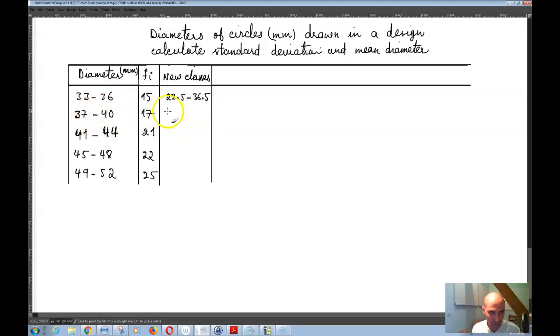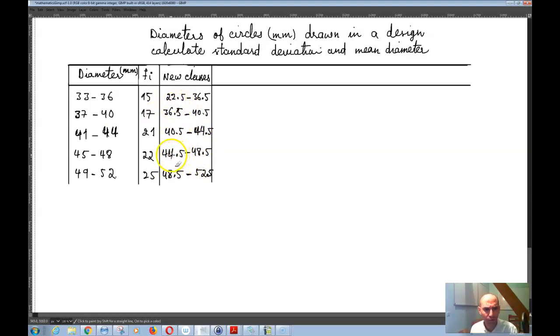Now over here, again, 36.5 all the way up to 40.5, 40.5 all the way up to 44.5, 44.5 all the way up to 48.5, and 48.5 all the way up to 52.5. And now my classes are continuous.